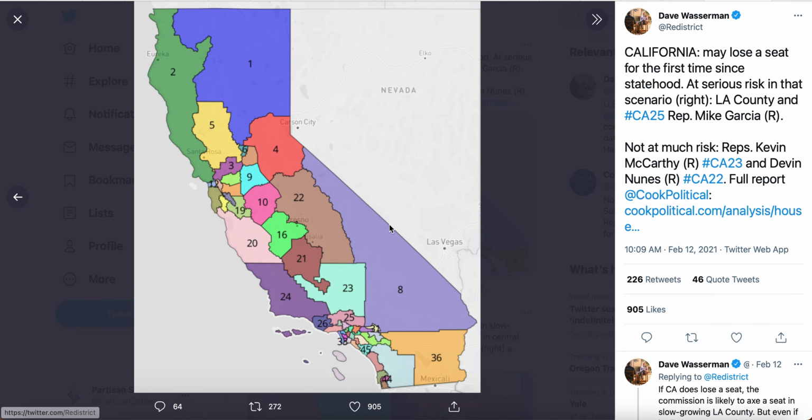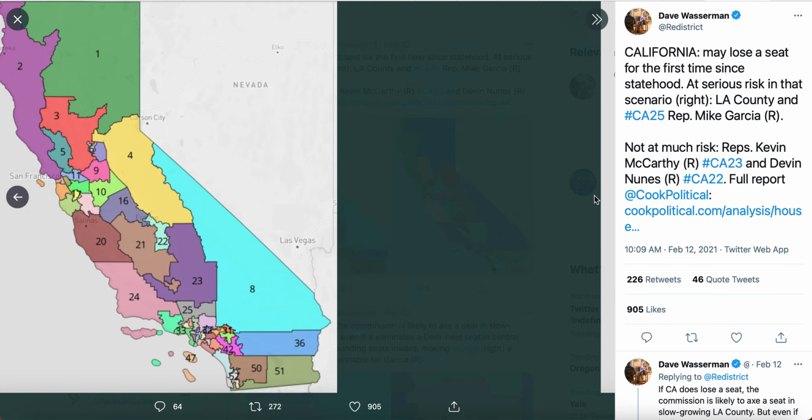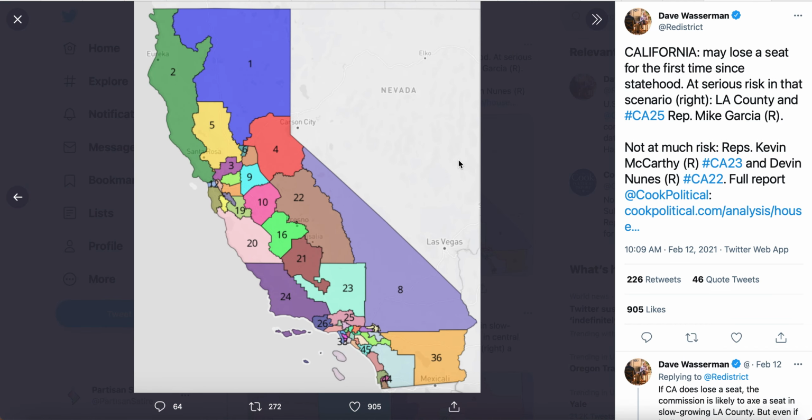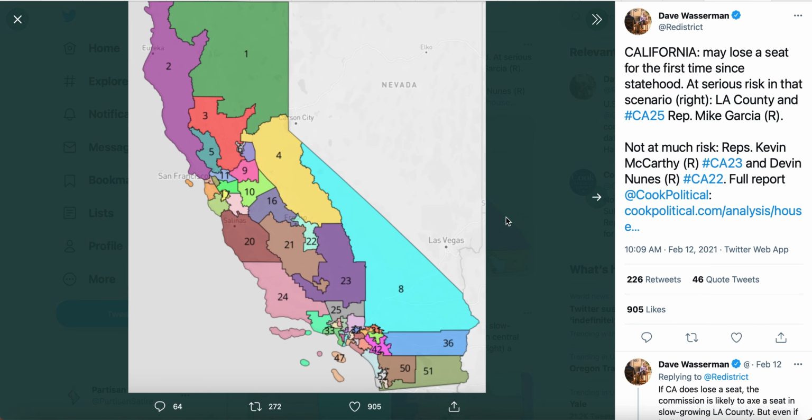So it's unlikely that Devin Nunes or Kevin McCarthy are going anywhere anytime soon. For all the liberals out there who want both of them gone, it's unlikely that it will be so.